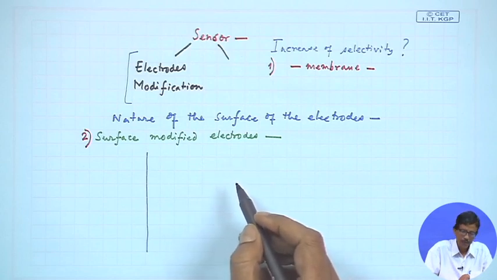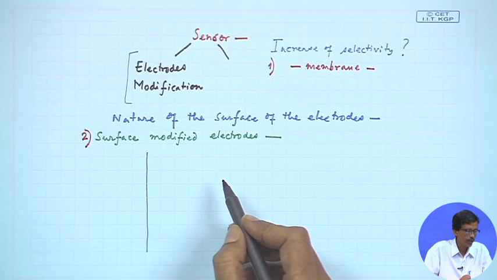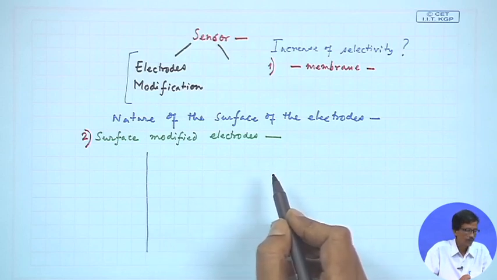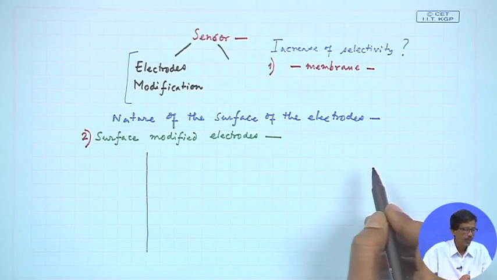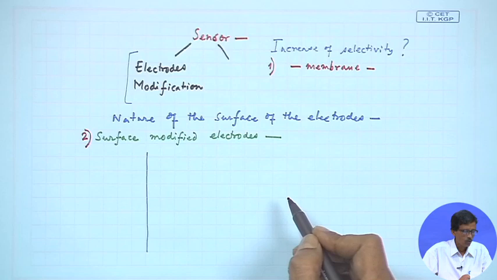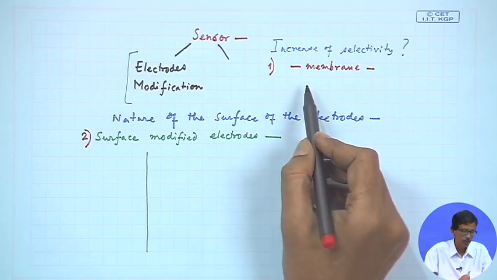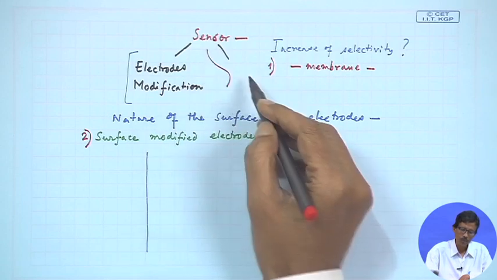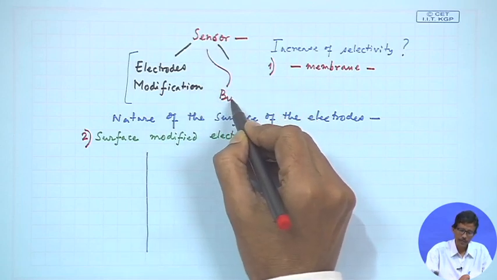Sometimes we find very overlapping peaks, very close formal potentials, different electrode kinetics, and also some adsorption. So how do we increase this specificity, especially if we want to sense something biological in nature?